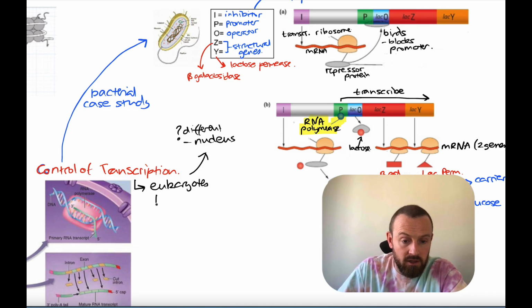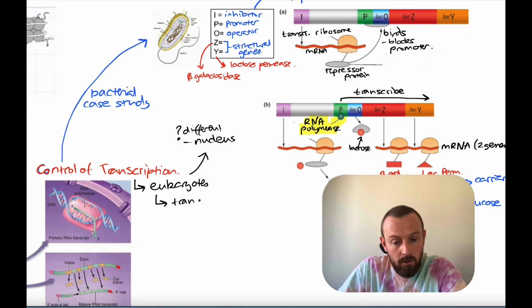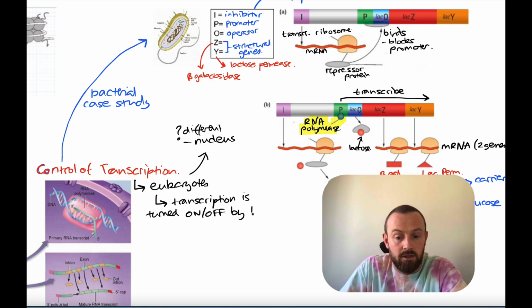So in eukaryotes, the common feature is that transcription is turned on/off by transcription factors.